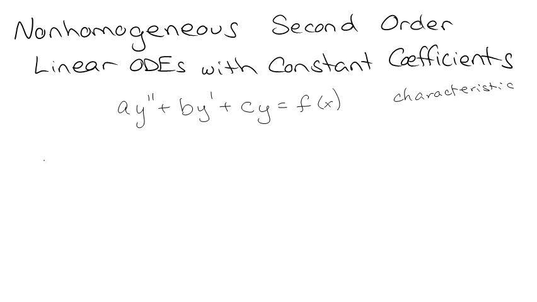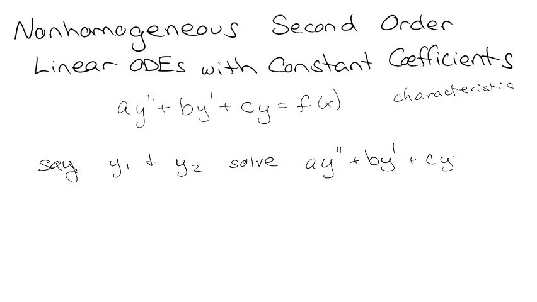Let's say I have a solution. Say that y1 and y2 solve the homogeneous version. And in fact, I'm going to go ahead and solve this in general so that you believe me.